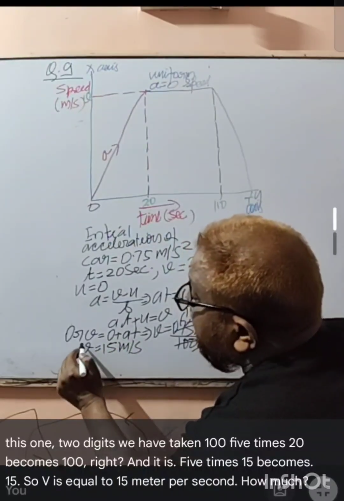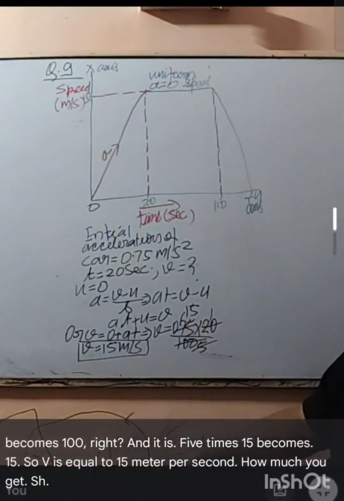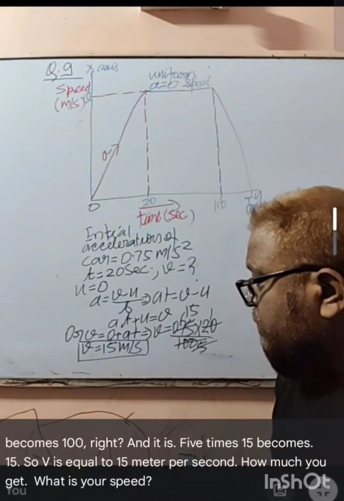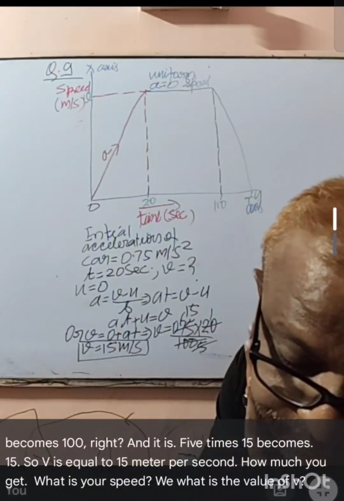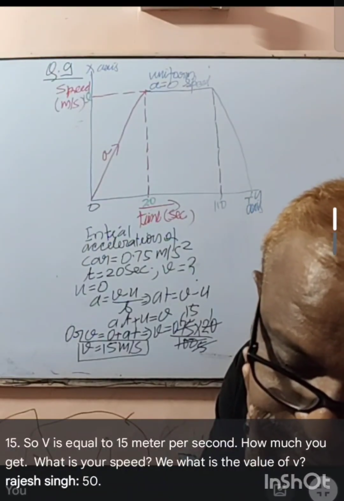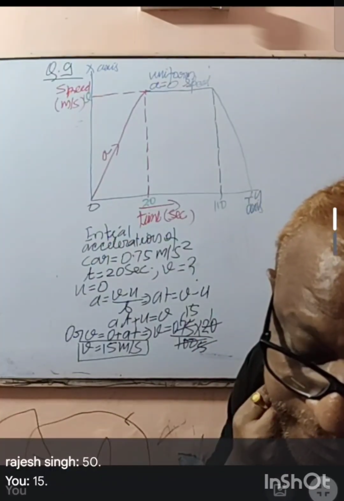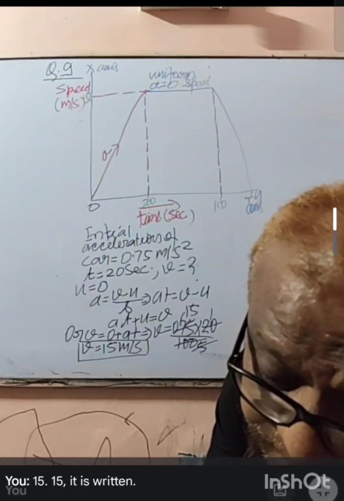How much you get? What is your speed? What is the value of V? 50. 15. It is written there, no?